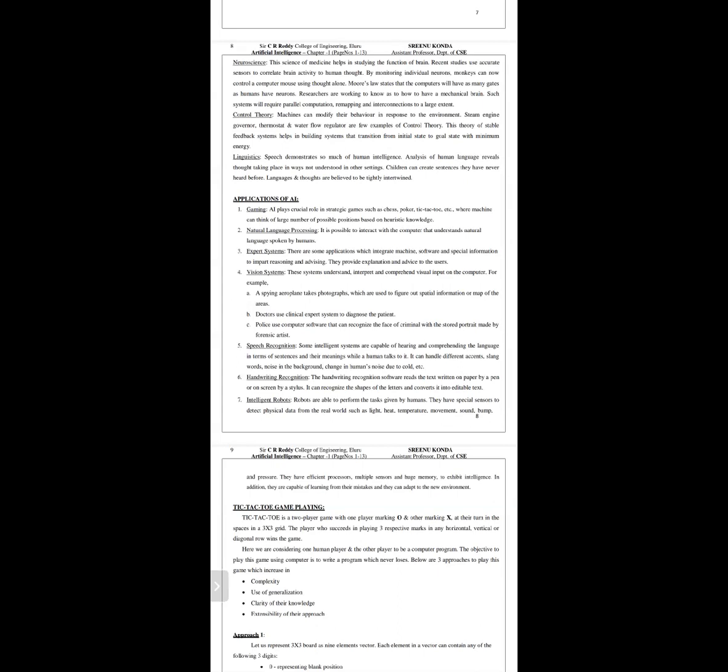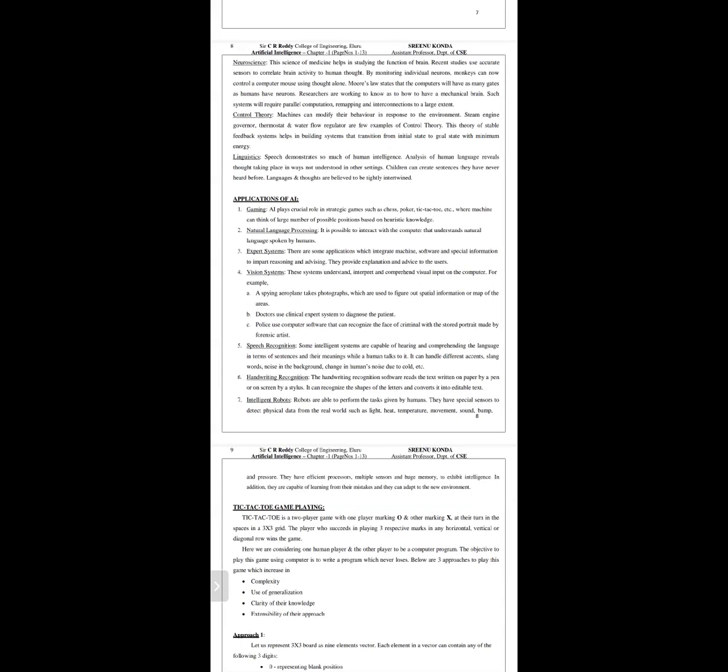So it is going to sense light, heat, temperature, movement, sound, bump, and pressure. All these are going to be recognized or sensed by the robots.